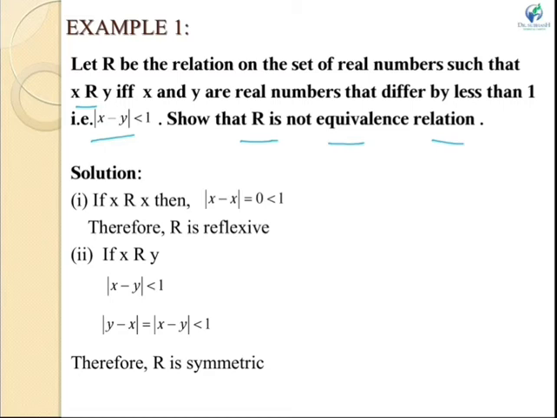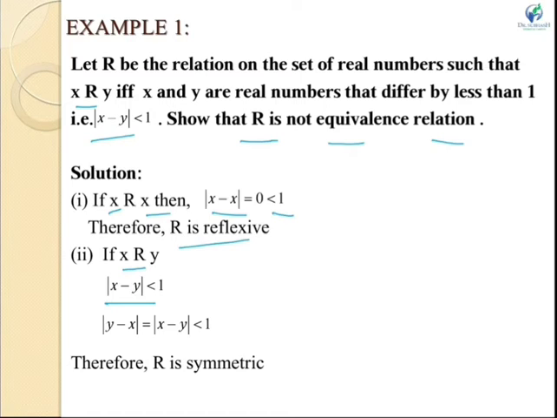Now if we check for reflexive, for x R x, x minus x equals 0. 0 is obviously less than 1, so R is reflexive. Let me move towards the next property, that is symmetric. If x is related to y, then according to the given condition you can write mod of x minus y is less than 1.